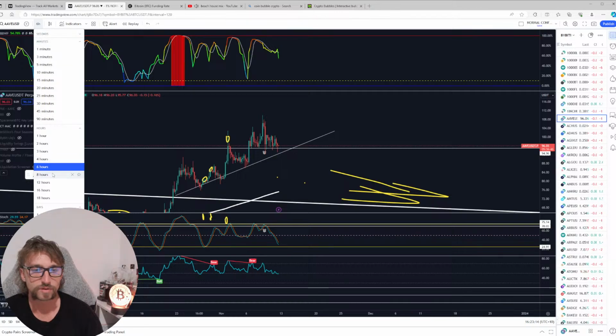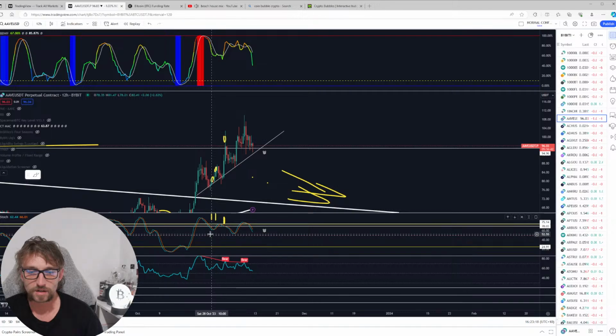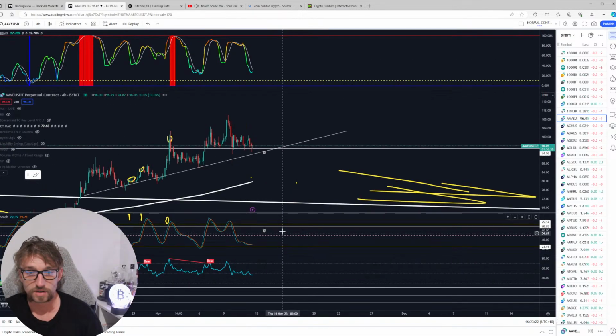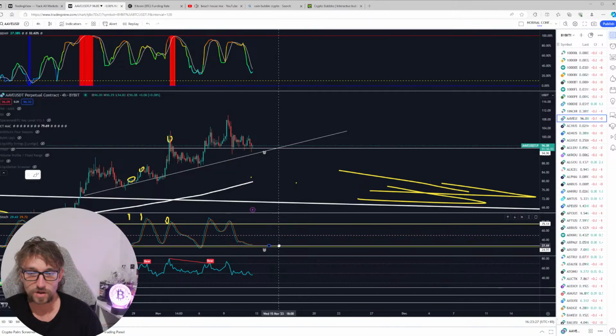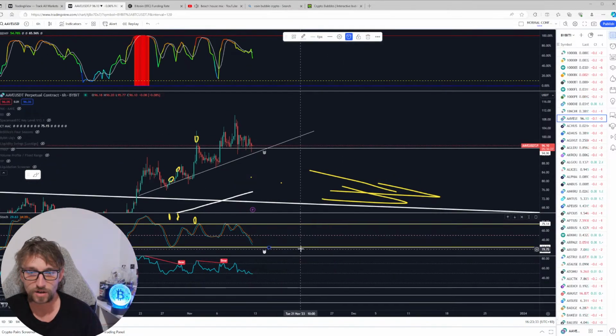So what I want to do with this one, 12 hours is too generous. What I'm trying to do is balance, trying to find the right alert.